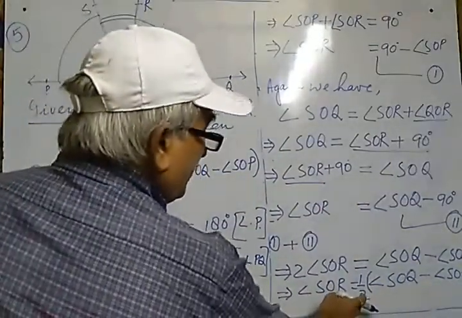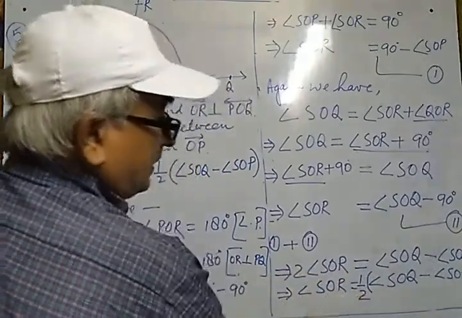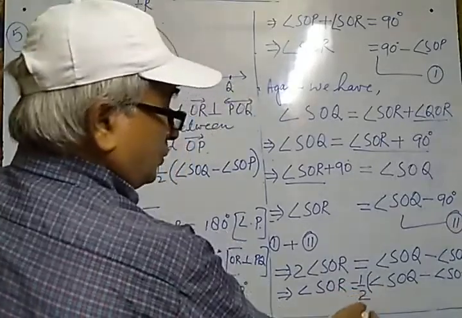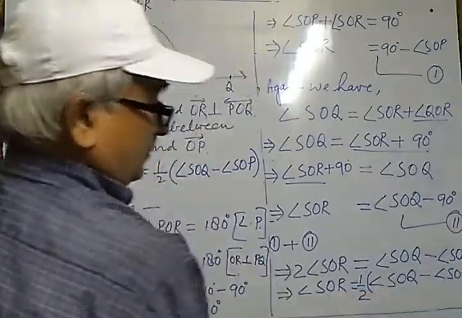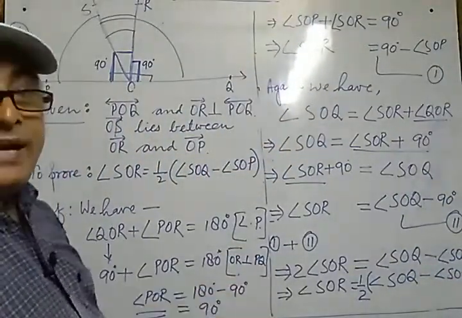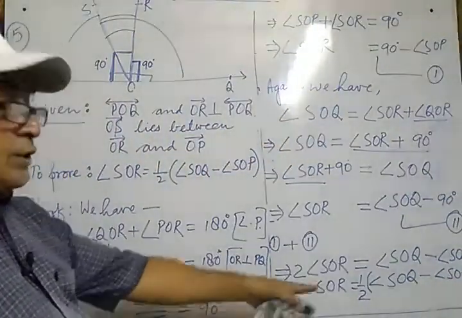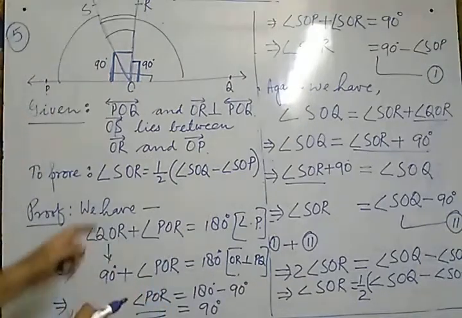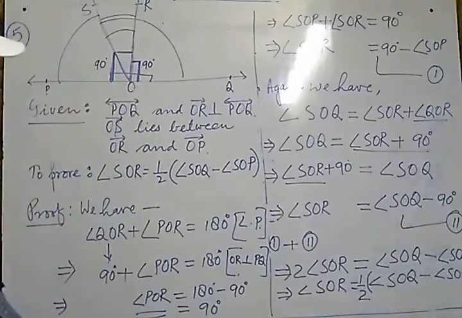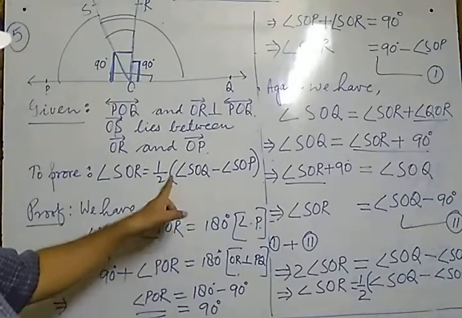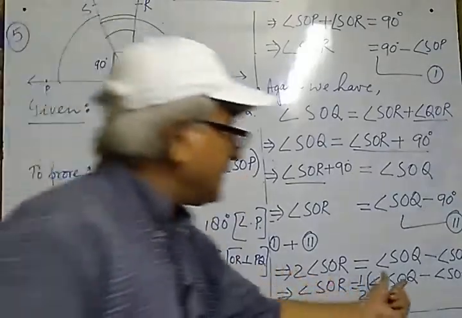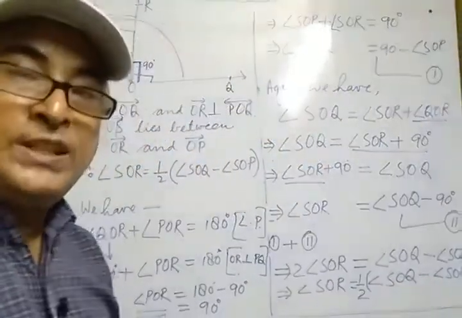This 2 goes in division, and 1 is understood here. So it will be 1 upon 2 times angle SOQ minus angle SOP, and this is required. We have to prove that SOR is equal to half the difference of these two angles. The same thing is proved here.